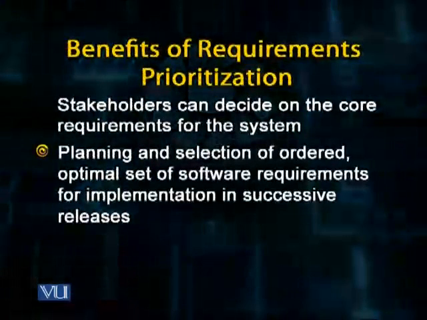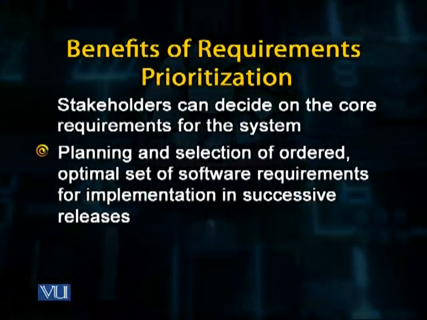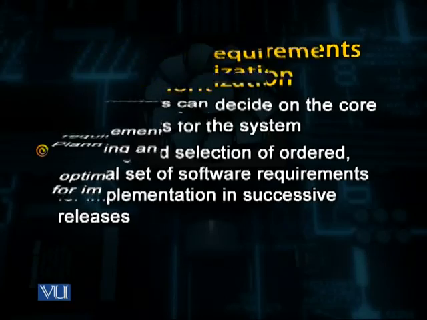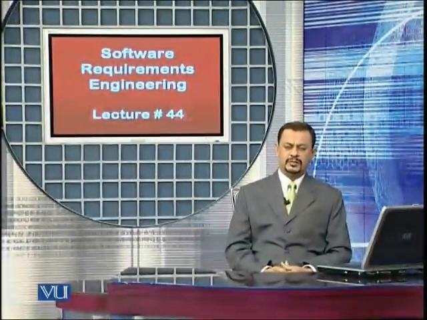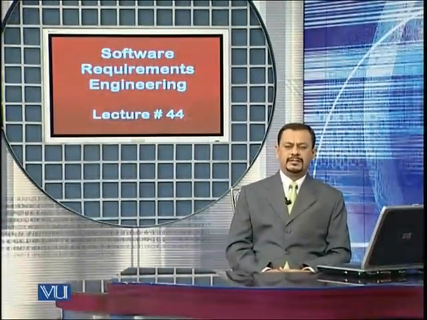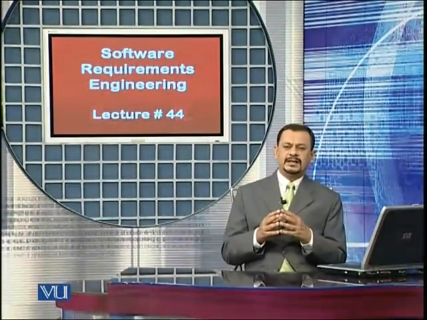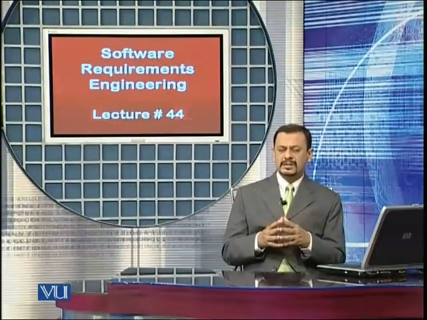Prioritization helps us in planning and selection of ordered, optimal set of software requirements for implementation in successive releases. And that's the point that goes exactly next to the first one that I was talking about, that the stakeholders help us in identifying the core set of requirements.